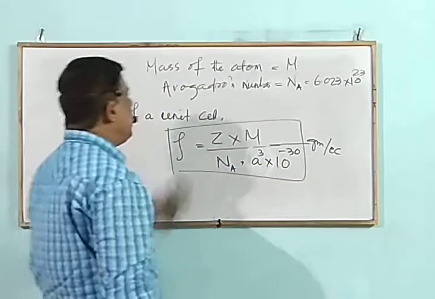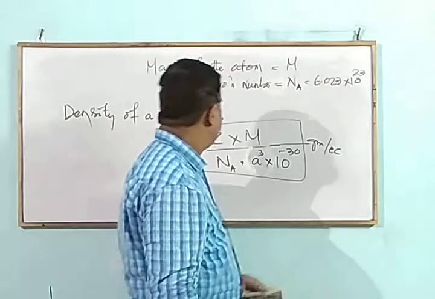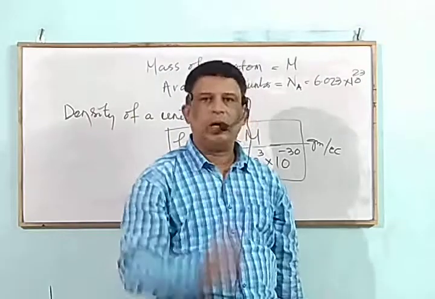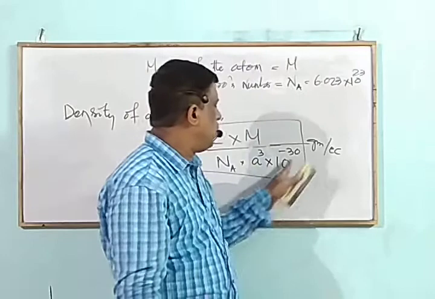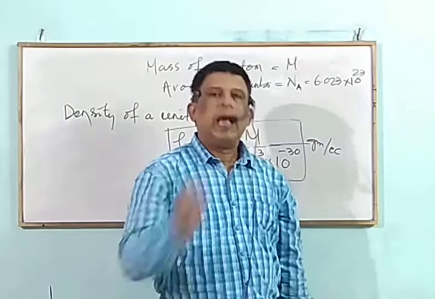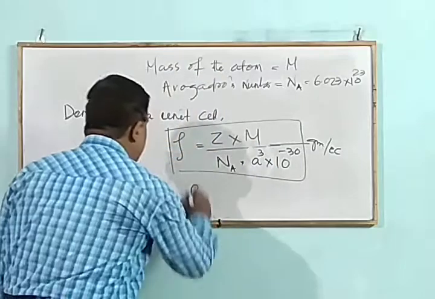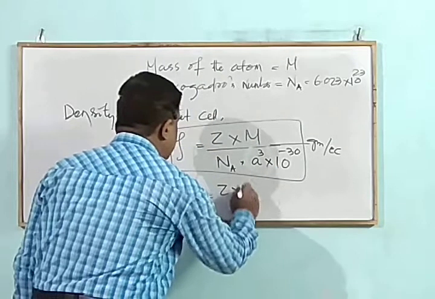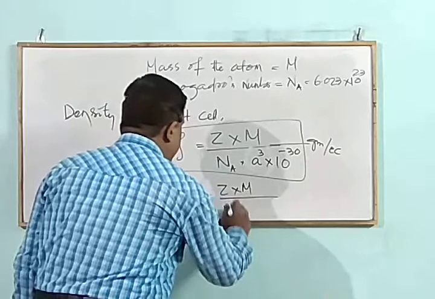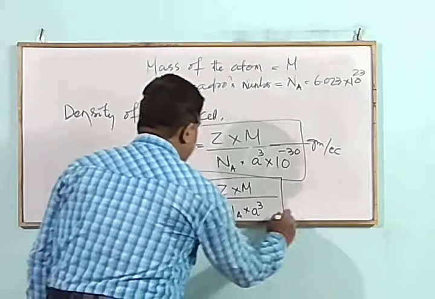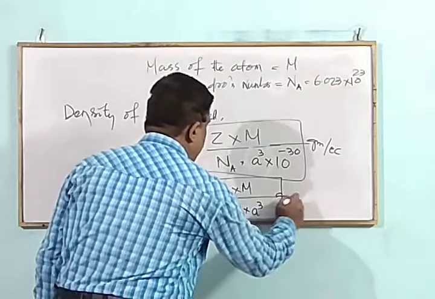Condition is that if edge length is given in picometer, then we have to multiply 10 to the power minus 30. If edge length is given in centimeter, then we write rho is equal to Z into M divided by Avogadro number into A to the power 3 in gram per cc.